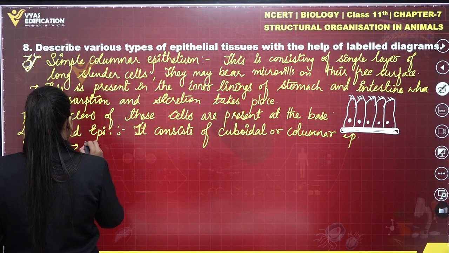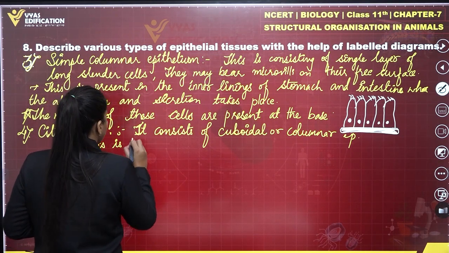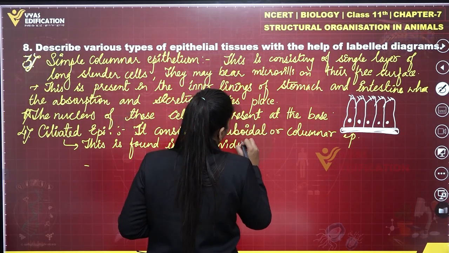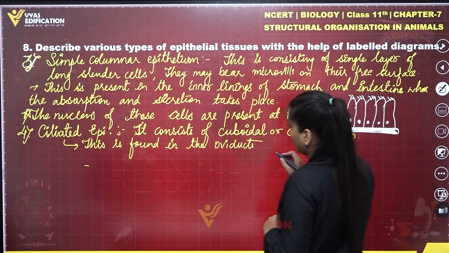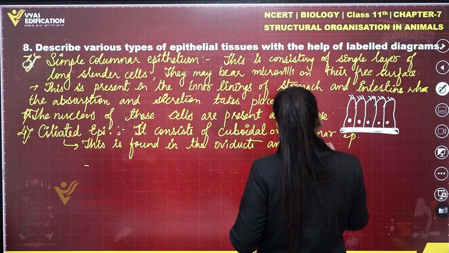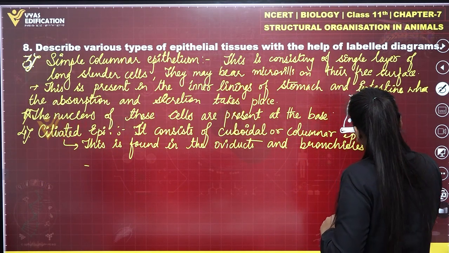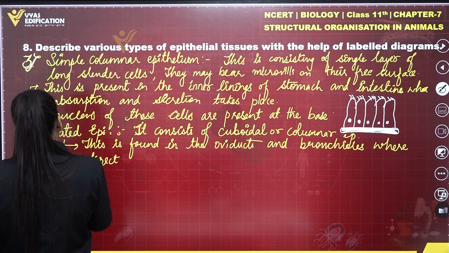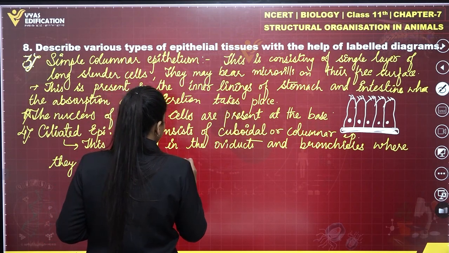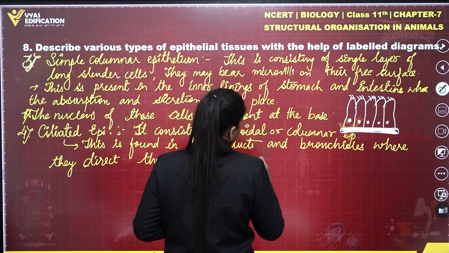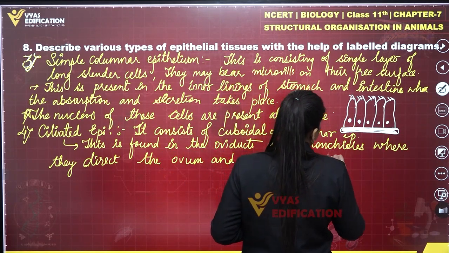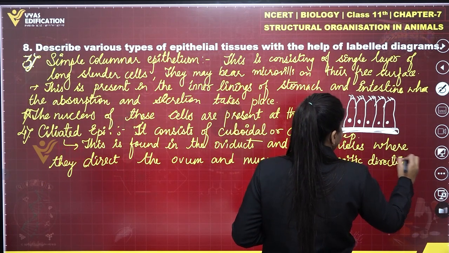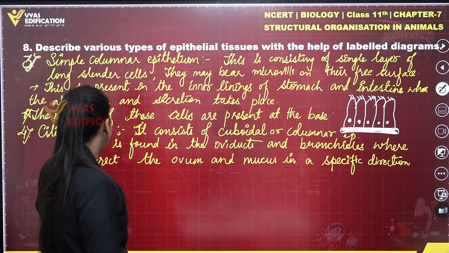You will find this in the oviducts and bronchioles, where they direct the ovum and mucus in a specific direction, right? So this is the function of your ciliated epithelium.